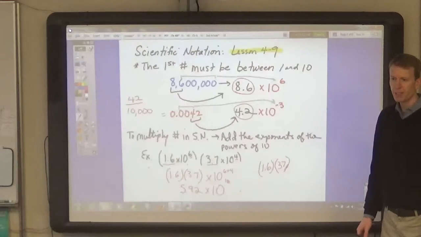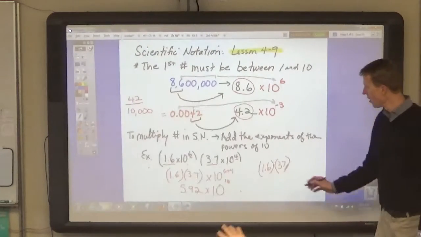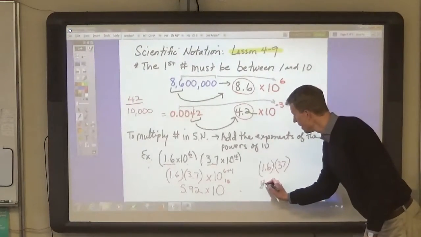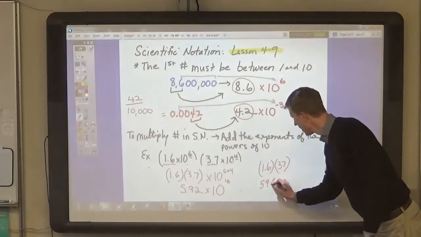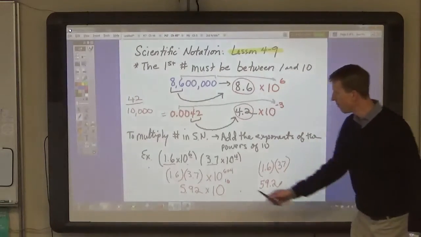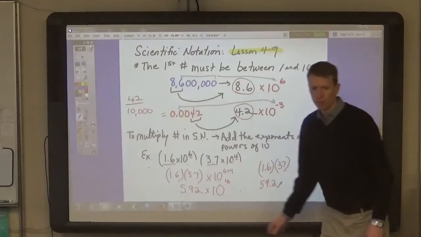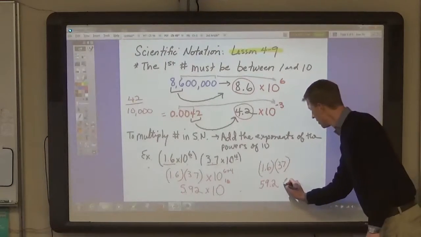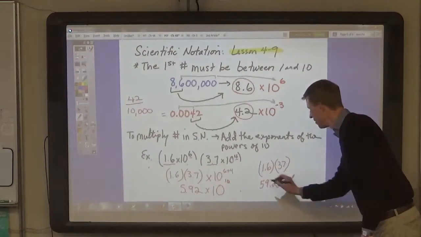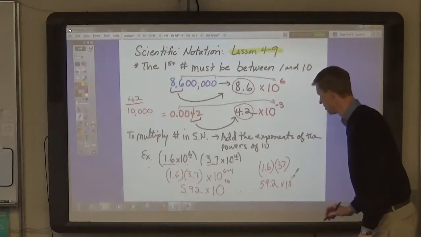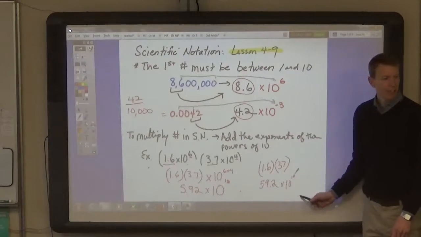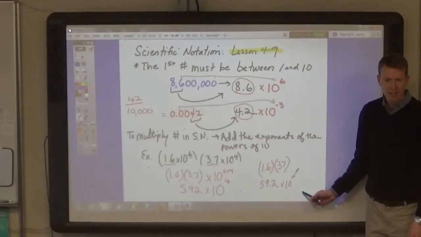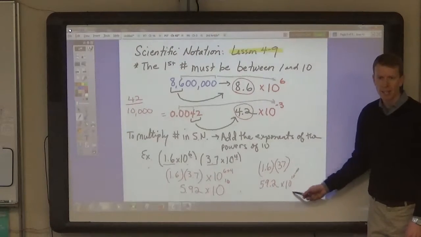What if it was 1.6 times 37? Your answer would be 59.2 instead of 5.92 times 10 to the 10th power. But is this in scientific notation, you guys? What's wrong with this in scientific notation?